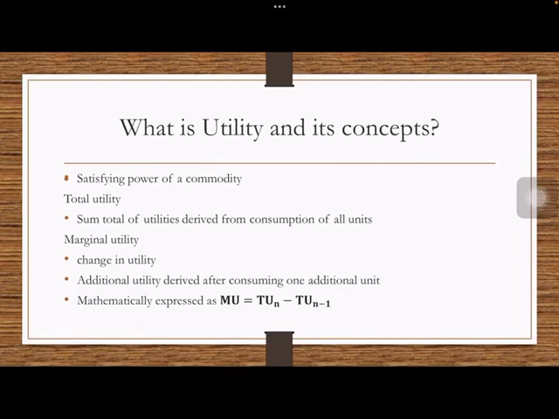So this is how you can calculate TU and MU. In order to find marginal utility, you have to calculate delta TU by delta Q. The change in total utility is termed as marginal utility.